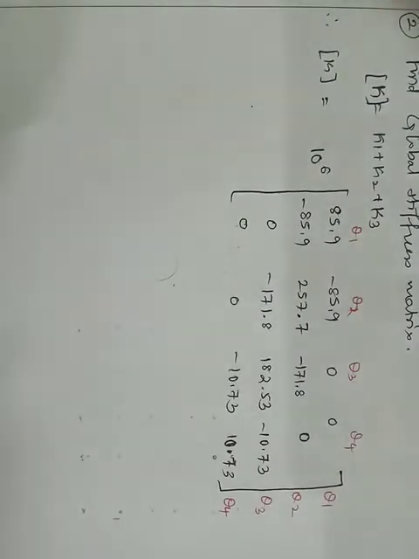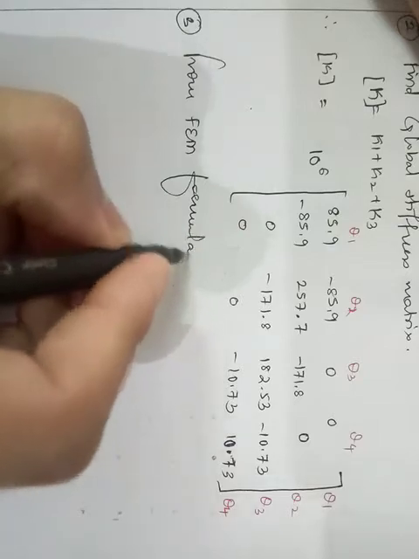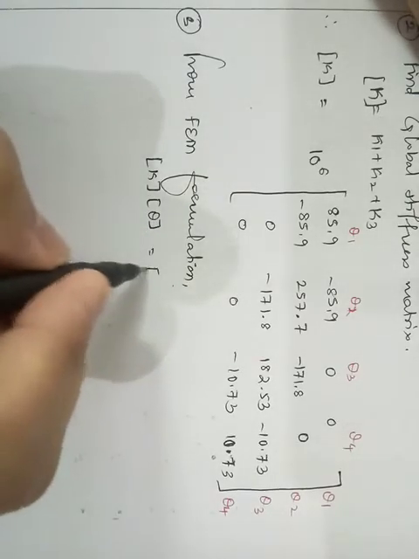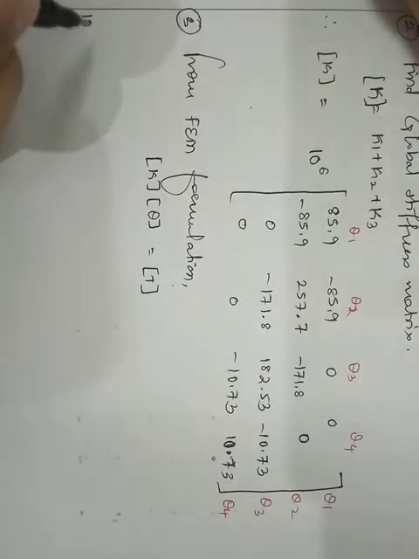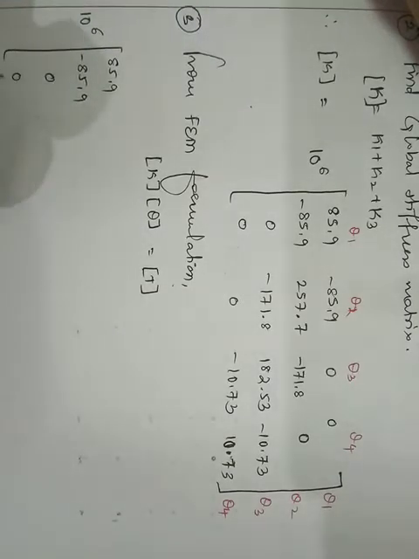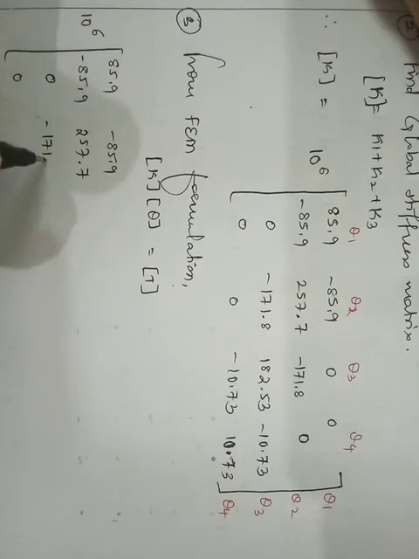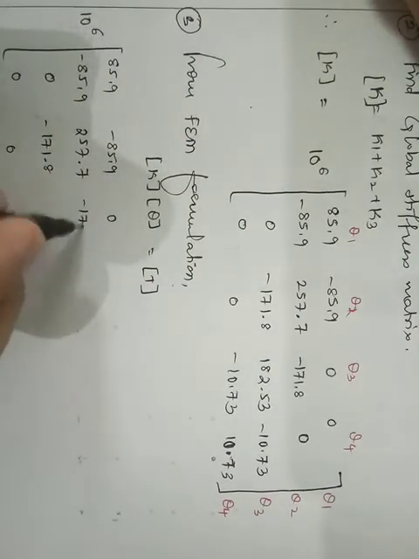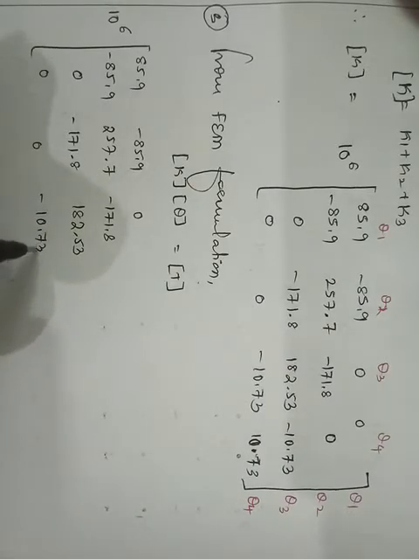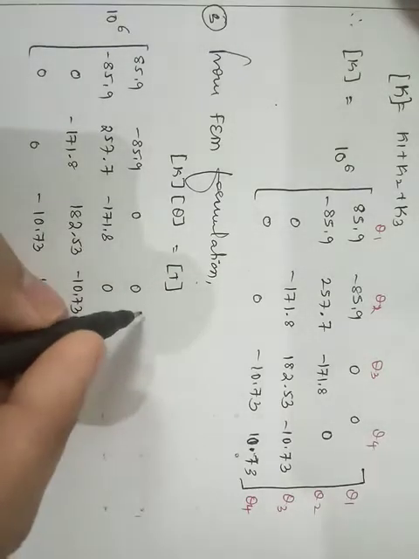Next we go for FEM formulation, that is the third step. From FEM formulation, you are having K into theta matrix is equal to T. K I am having, I will copy it as it is, 10 raised to 6: 85.9, minus 85.9, 0 and 0, minus 85.9, 257.7, minus 171.8, 0, 0, minus 171.8, 182.53, minus 10.73, 0, 0, minus 10.73 and 10.73.